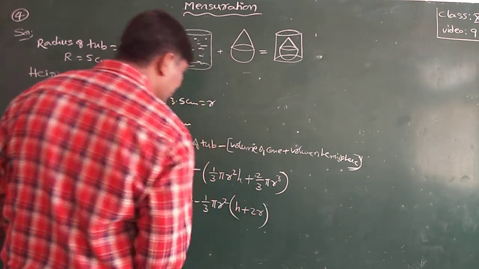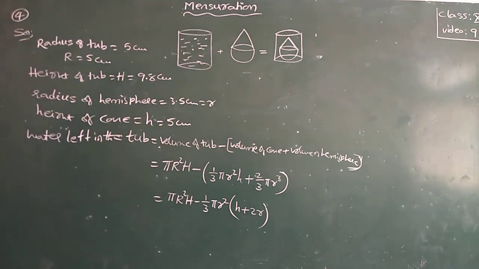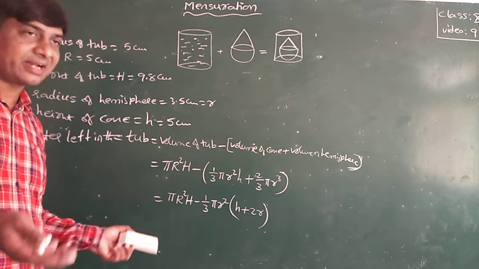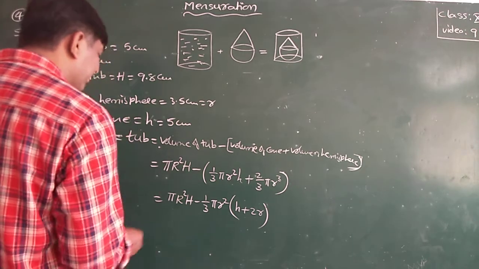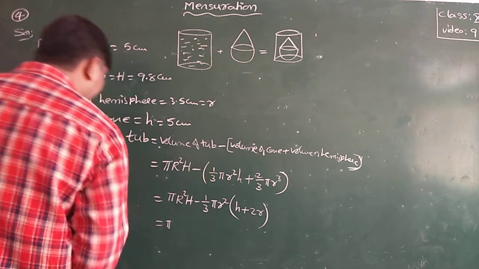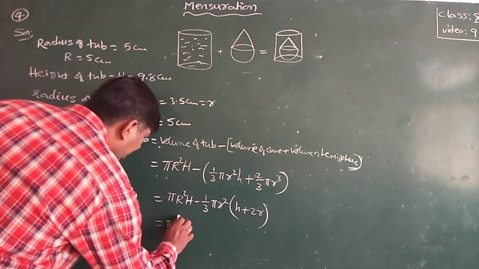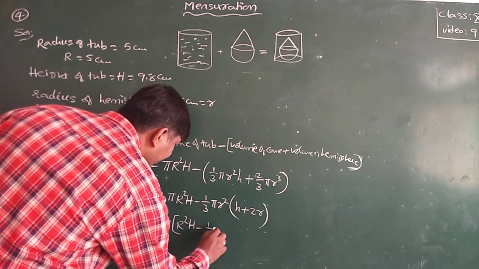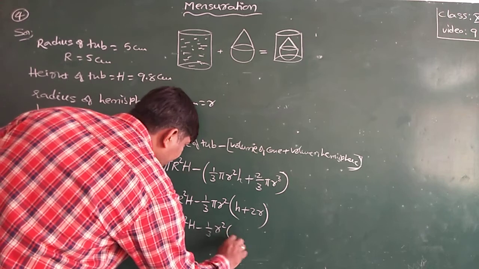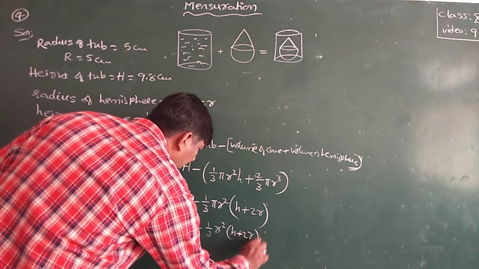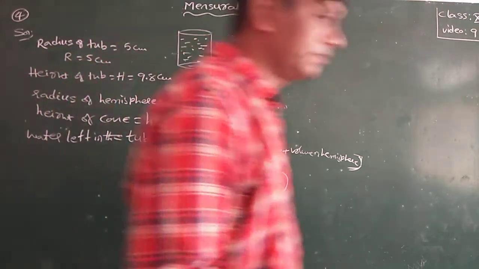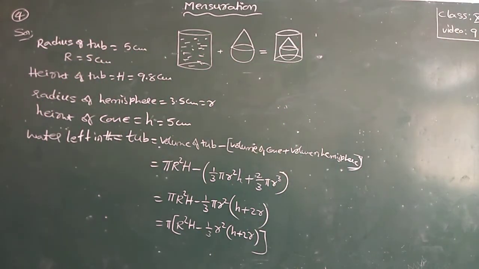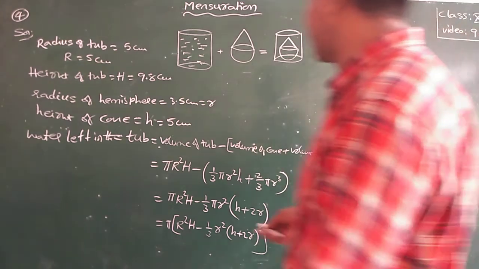The R's are different but pi is the same, so taking pi common: R square H minus 1/3 r square into h plus 2r. Is it visible to all of you? Now substitute and simplify this.